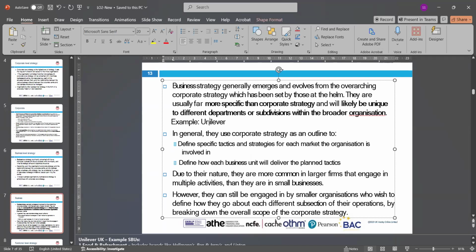For Unilever, for health and home care, you are going to design different tactics and strategy according to that market. For food and refreshment, you are designing the tactics and strategy according to that market. So you are going to define how each business unit will deliver the plan and tactics. You are going to make a somewhat detailed plan of how each unit is going to deliver in each market.